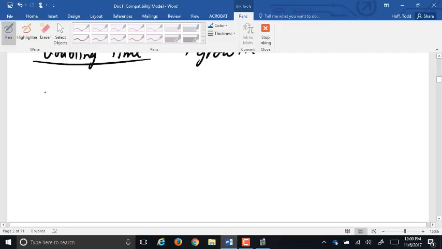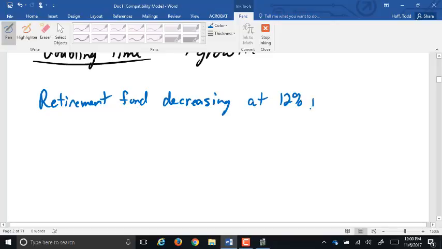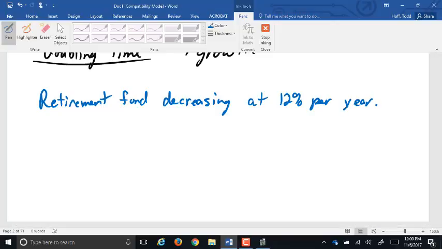If I have a half-life, let's just look at your retirement fund. And you're drawing out at a rate so that it is decreasing at 12% per year. I'm going to do two things.